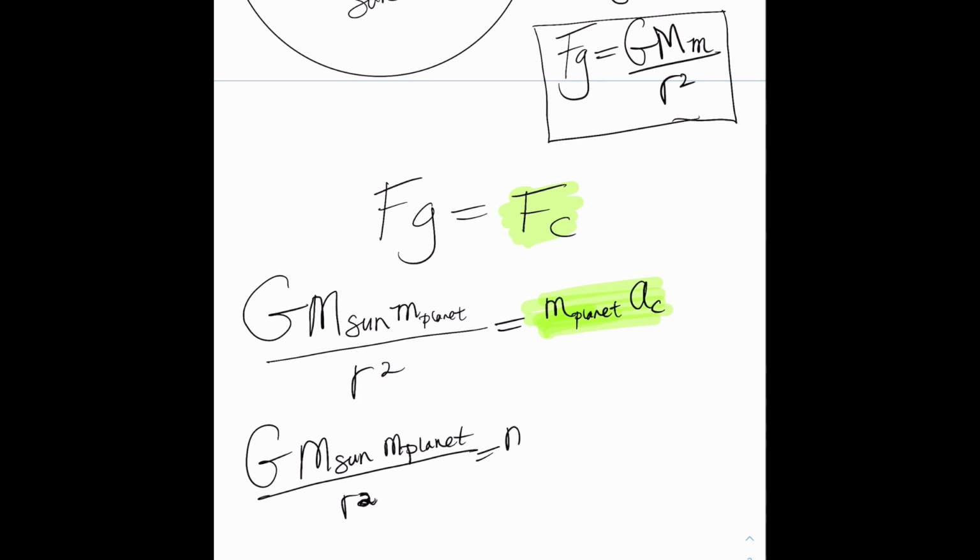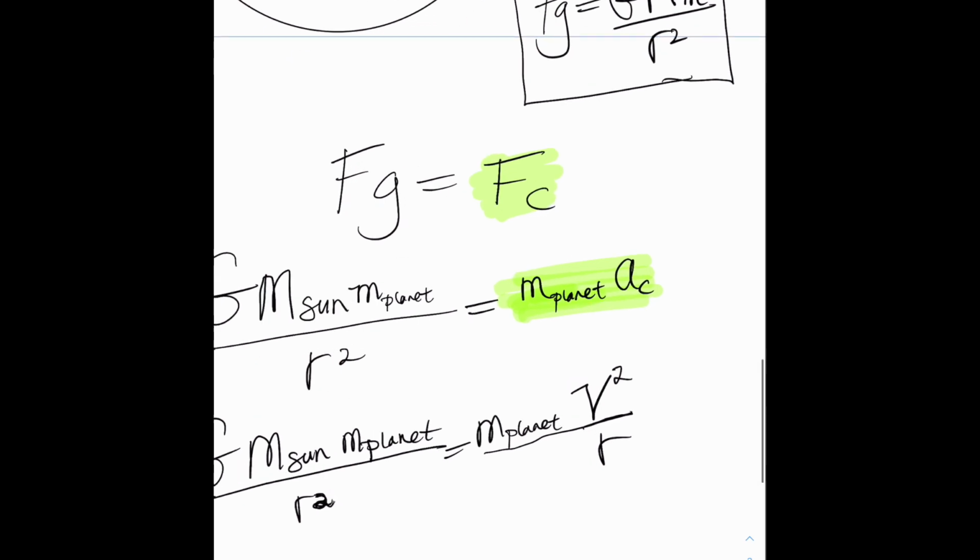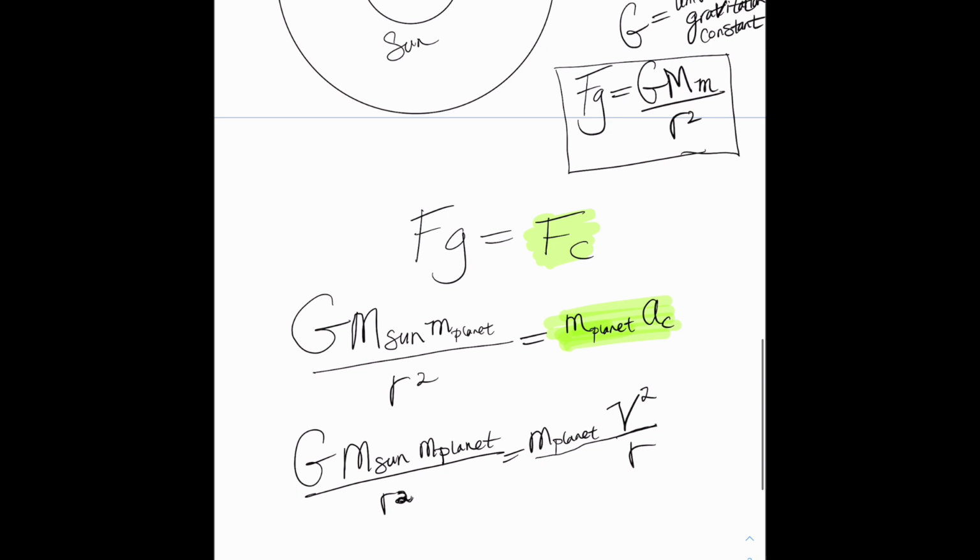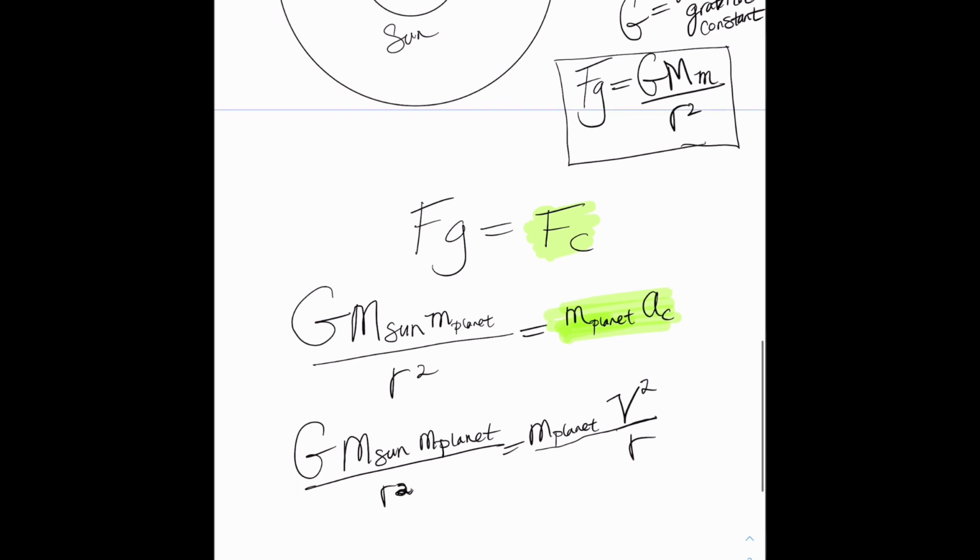And that is a sub c is equal to v squared over r. And that is the same r as what we have on the other side. So we're going to be doing some canceling here in a second. I'm going to hold off on the canceling to do it all at once.